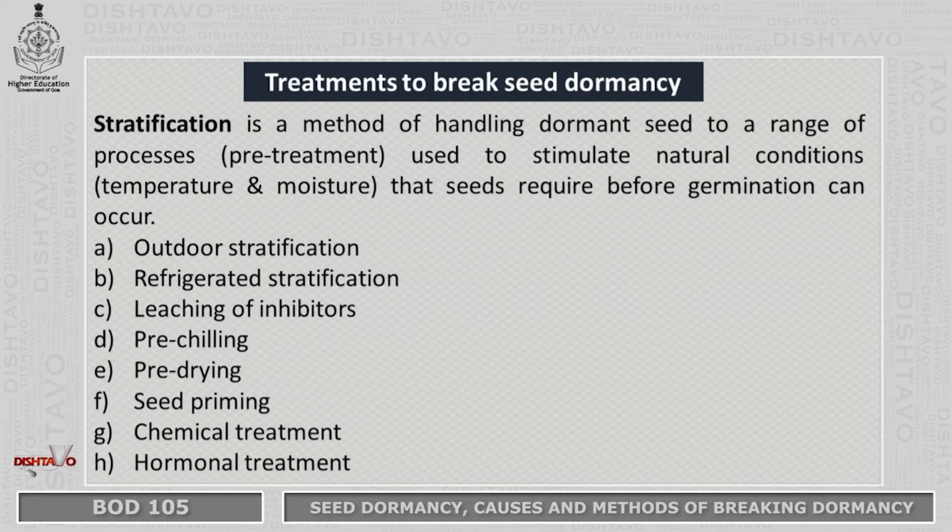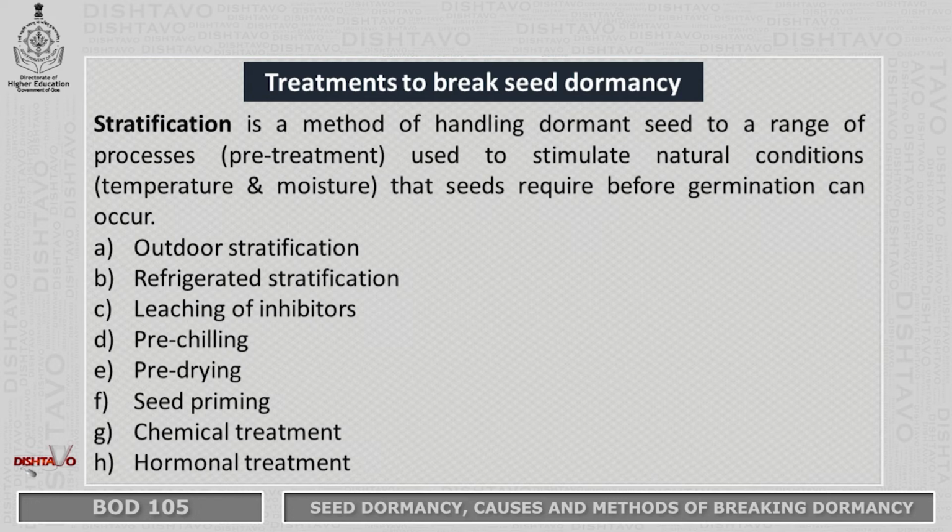The next method is stratification, which is referred to as the treatment for internal dormancy, which shows delayed germination, an important function of seed dormancy because it allows dispersal and prevents all seeds from germinating at the same time. Stratification is a method of handling dormant seed, that is, they are given pre-treatments which are used to simulate natural conditions like temperature and moisture that seeds require before germination can occur.